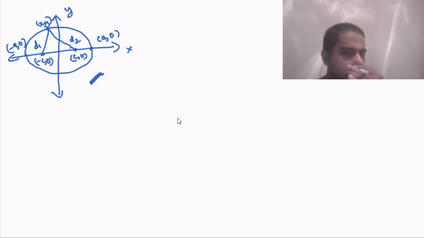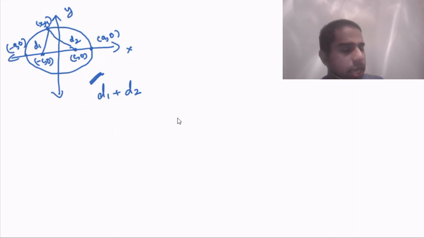Now, let's see the total distance d1 plus d2. There is another definition for ellipse: it is the locus of the points for which the sum of the distances of a point on the ellipse from the two foci remains constant.